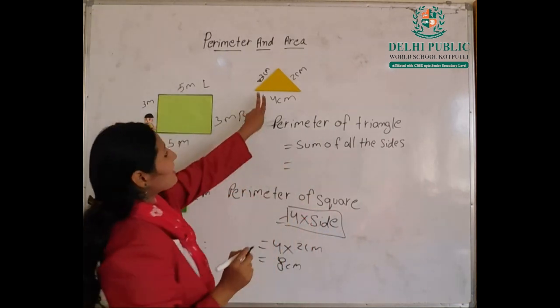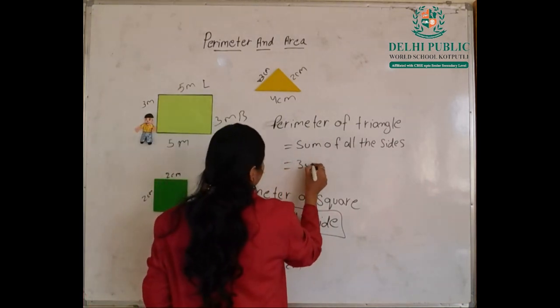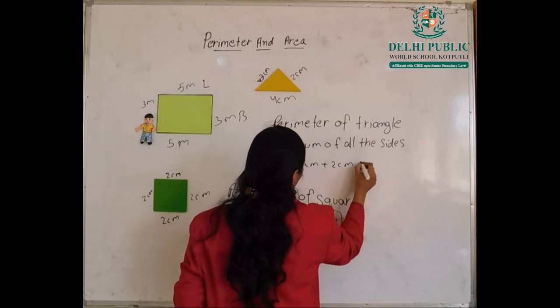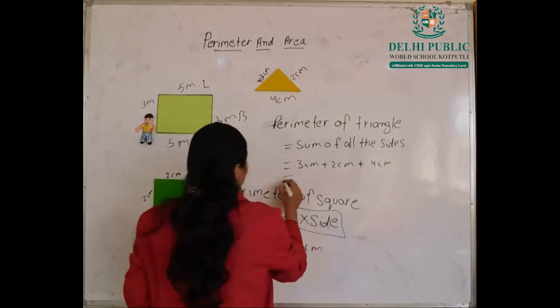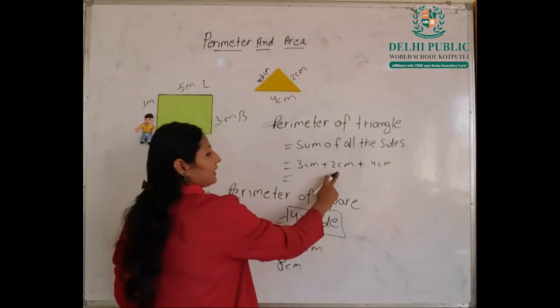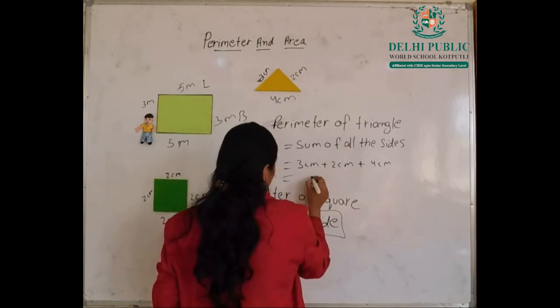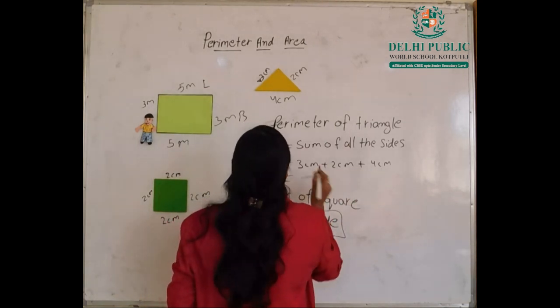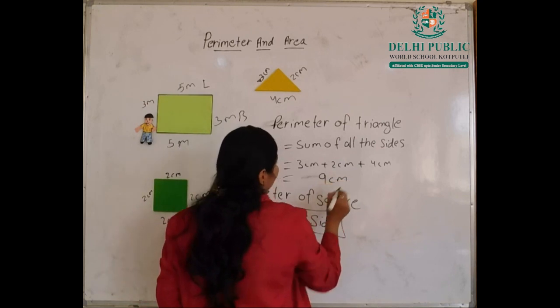So we will add these three sides, 3 cm plus 2 cm plus 4 cm. So 3 plus 2 is equal to 5 cm and then 4 cm will be 9 cm. So the perimeter of this triangle will be 9 cm.